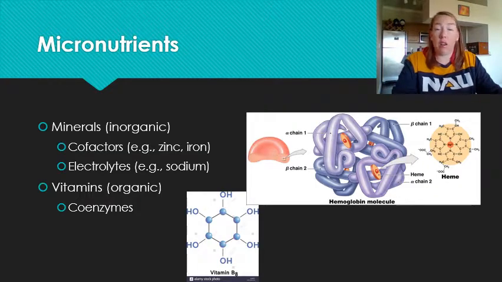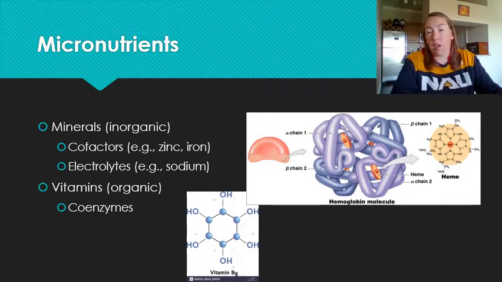Minerals are inorganic, so no carbon backbone, no carbon-hydrogen bonds, and they serve 2 primary functions. Minerals can serve as cofactors, which are used to activate enzymes. So they really enable enzymatic function.